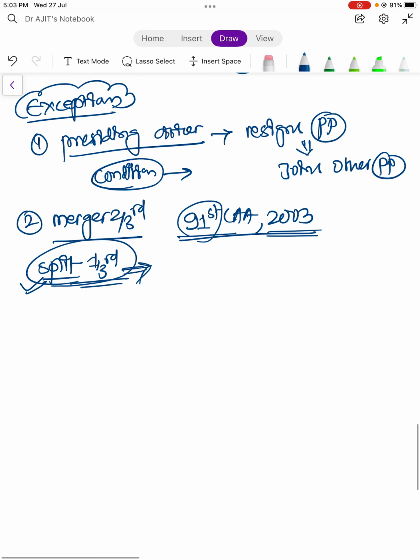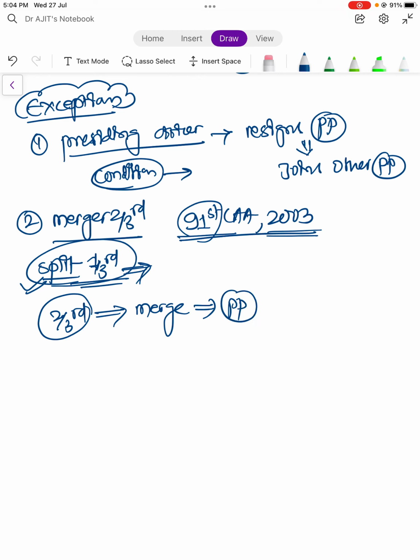Now you cannot split out of the political party even if you have more than 1/3 members. So split is not allowed. What is allowed? If you want to go outside, there should be more than 2/3 members and you should merge in any other registered political party, then and only then you will not be charged under anti-defection and you will not be disqualified. Otherwise you will be disqualified, right?